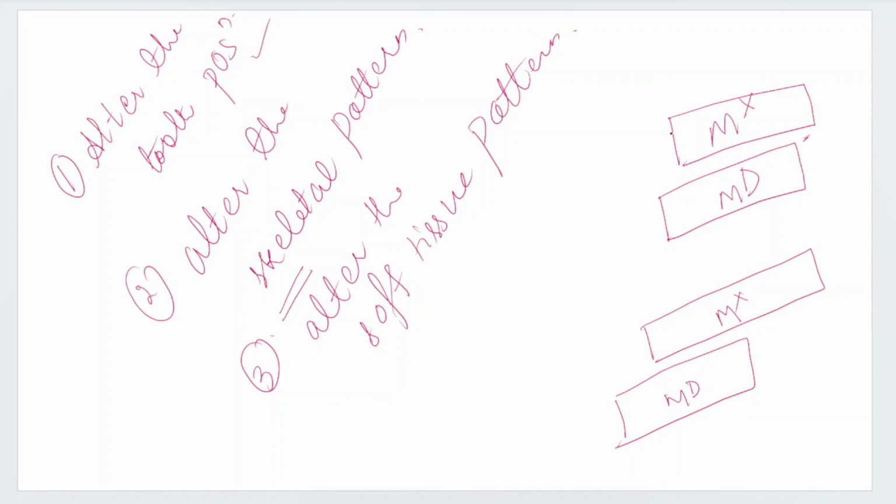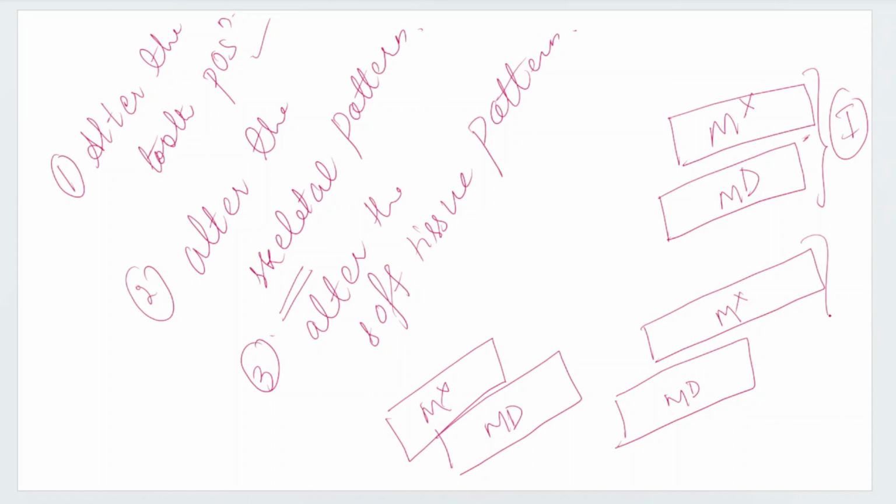If the mandible comes more forward, then again it will not look nice. So that means we have to change it. This condition is known as class 1. If maxilla is coming forward, it is class 2. If mandible is coming forward, it is called class 3.